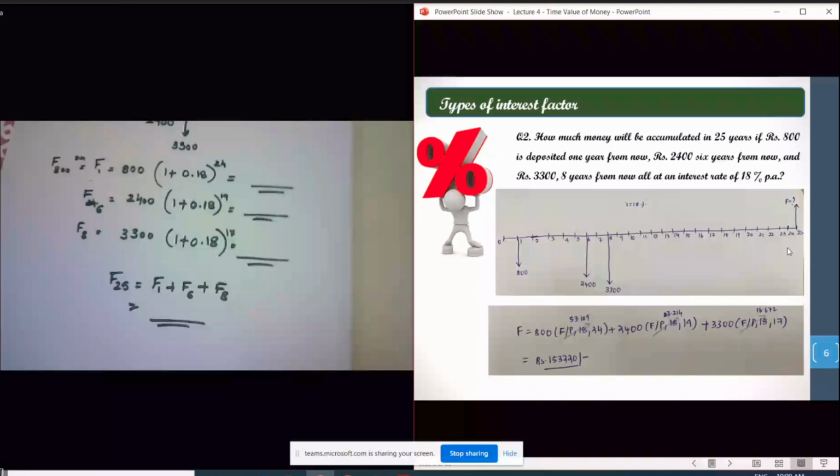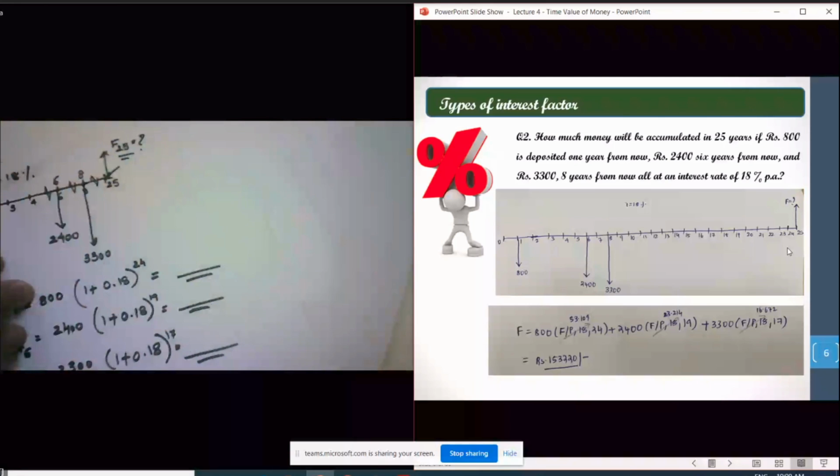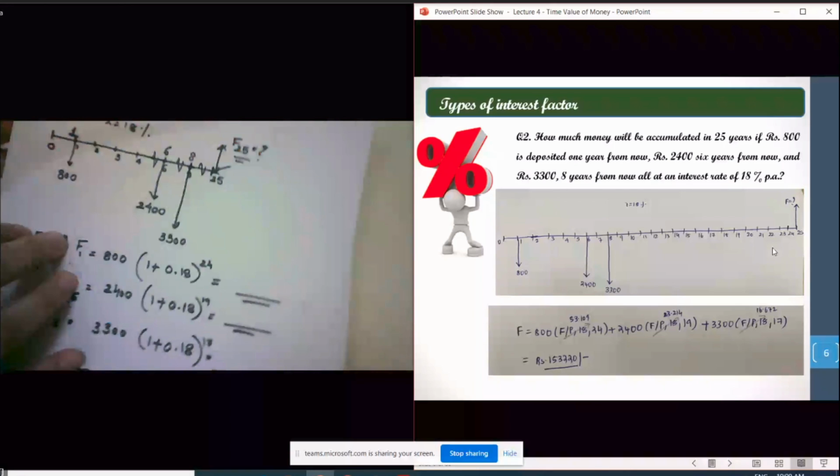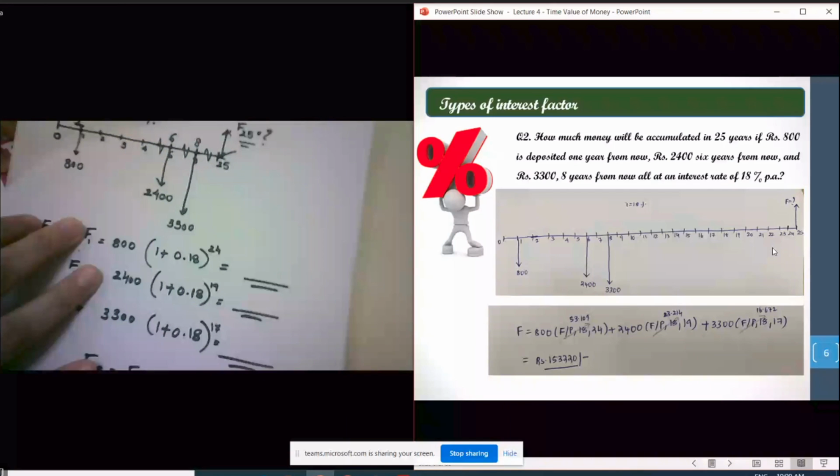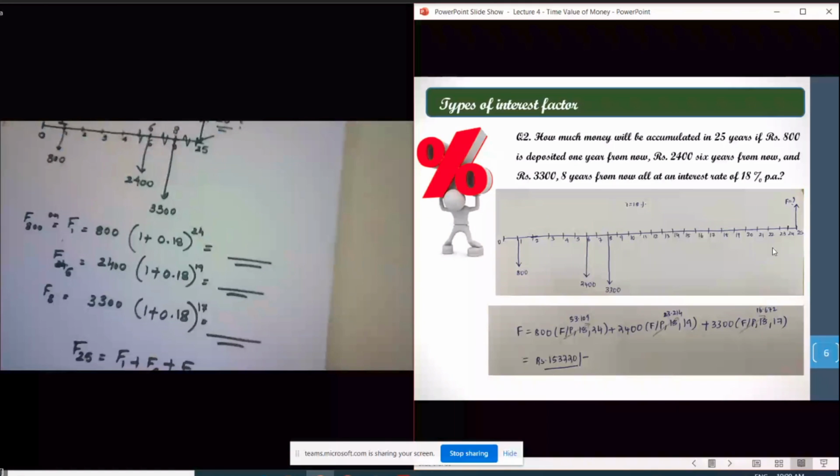Then we see whether you have used the right compound interest values, whether you have written F by P or wrongly written P by F in a hurry. Once those factors are correct, then we will award you the marks.